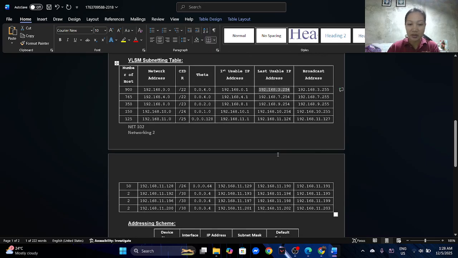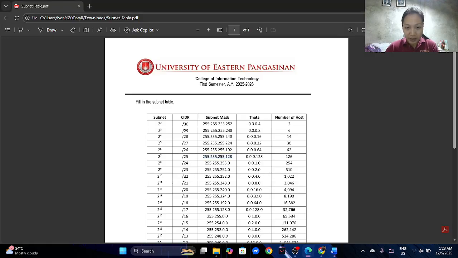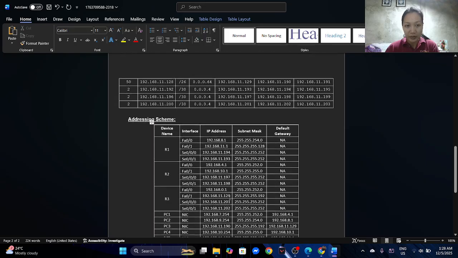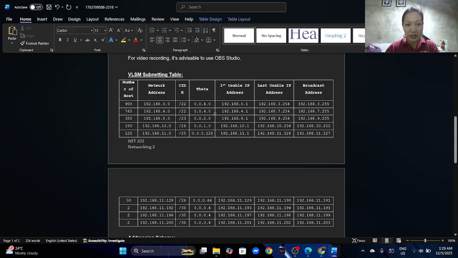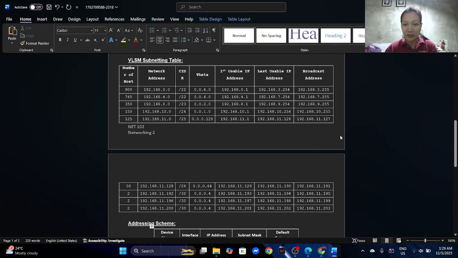It is 192.168.3.254, and host 900 is CIDR /22, so the subnet mask would be 255.255.252.0, and the default gateway, which is the first usable address of host 900, is 192.168.0.1. So that's it for the subnetting table.